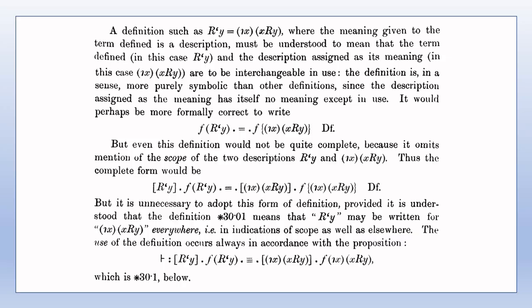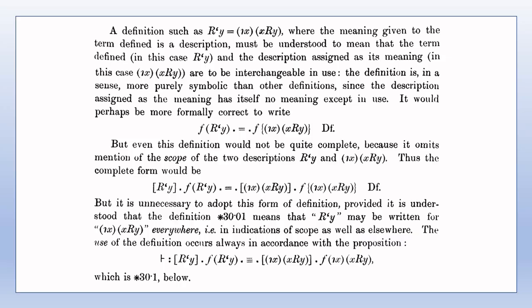Whitehead and Russell say on page 246 that definition 30.01 is more purely symbolic than other definitions, and go on to say that it would be perhaps more formally correct to write f of R primed y equals f of the x such that xRy, or even to include the scope of the description as well.